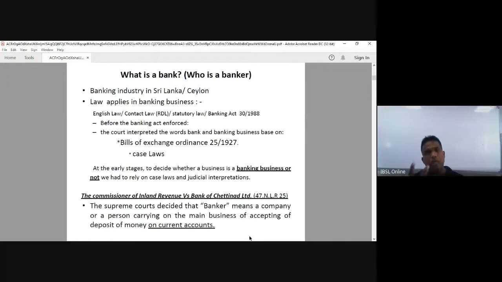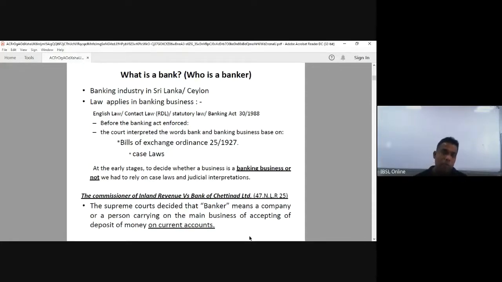Now think about the judgment given in this case with today's scenario. Think about the banks that we have today. We have different types of banks. We have commercial banks. We have government banks. We have special banks. We have licensed commercial banks. We have development banks.